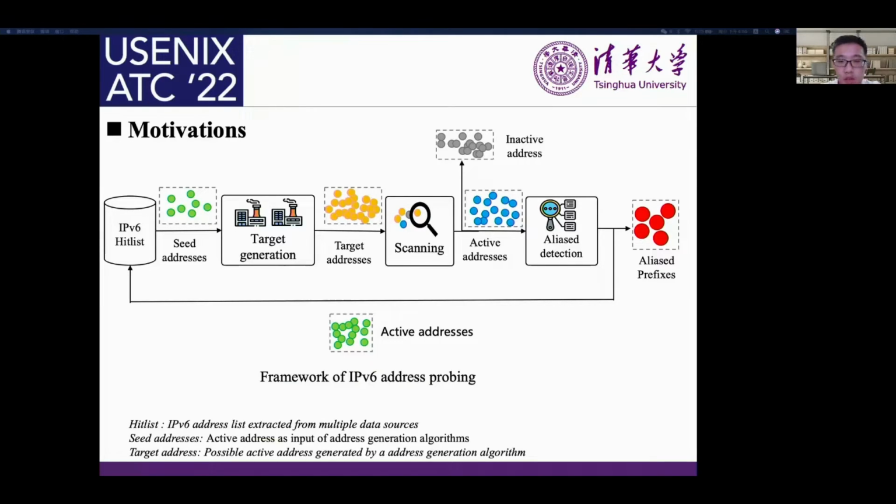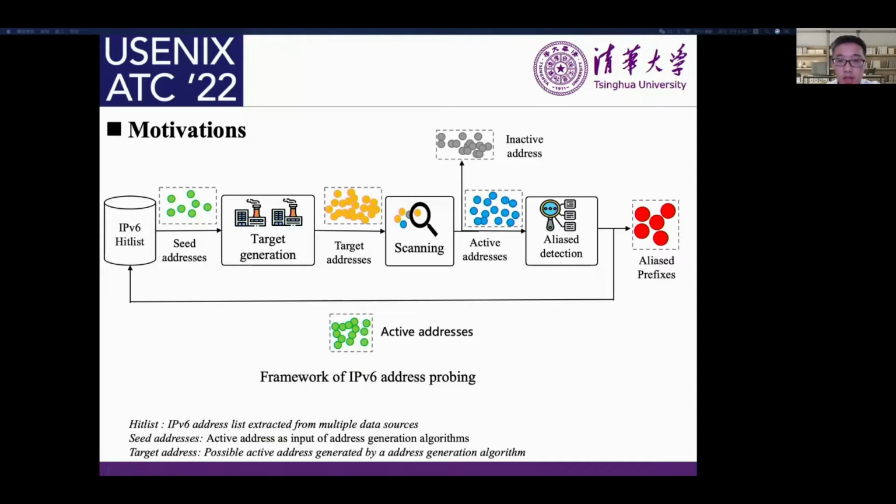The figure shows the framework of IPv6 address probing. Active IPv6 address probing includes 4 models: construction of the IPv6 hitlist, target address generation, address scanning, and alias prefix detection. The hitlist model constructs a hitlist from multiple data sources.